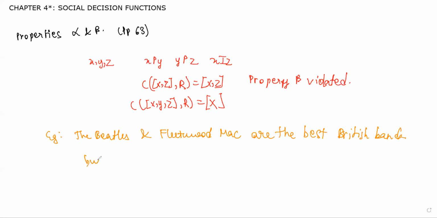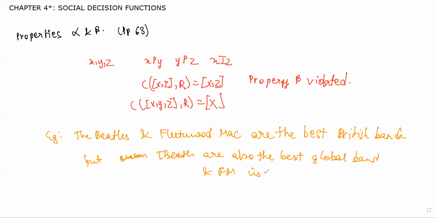But even though, but the Beatles are also the best, let's say, global band, right? And Fleetwood Mac is not. You see the problem here. This was what property beta was all about, right? So property beta will be violated by an SDF, but not an SWF.